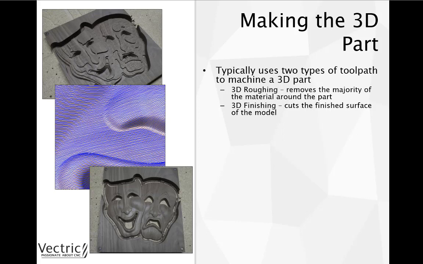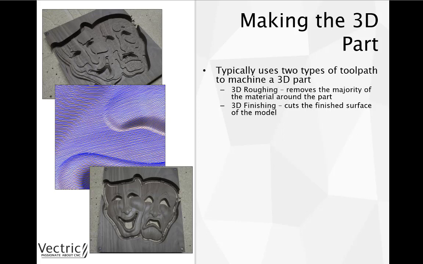And so if we take a look at the images that we've got here, we can see at the top an example of theatre masks being roughed out using a 3D roughing toolpath. So it's hogged away a lot of the material ready for us to go in with a smaller tool where we'd apply a 3D finishing toolpath.